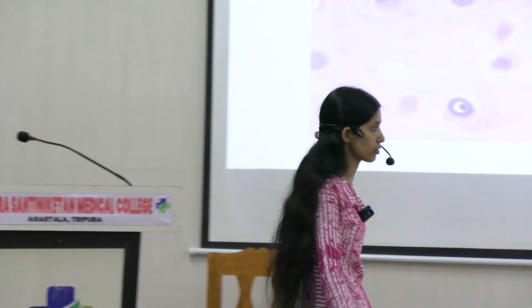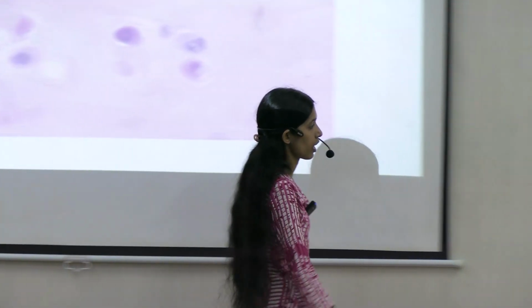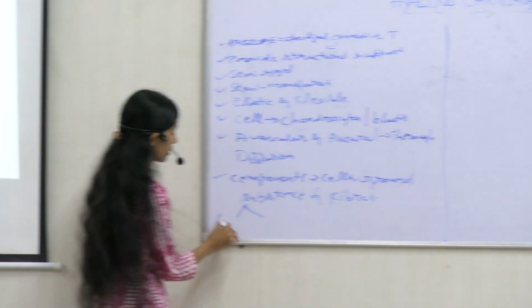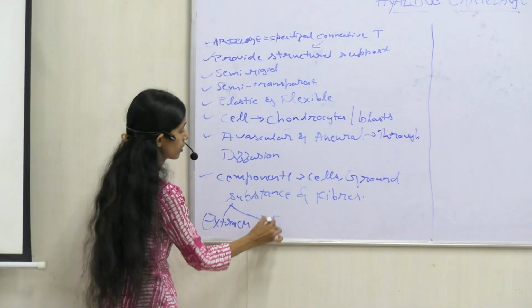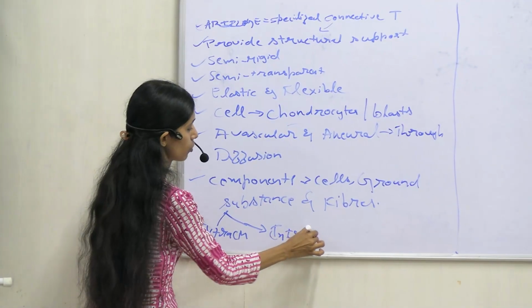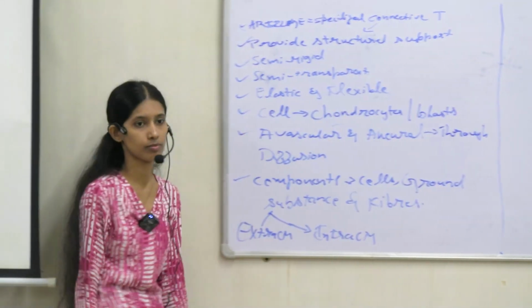What do you mean by ground substance at least? Matrix, okay. Any other answers? So ground substance basically means matrix. Here we have extracellular matrix and intracellular matrix.